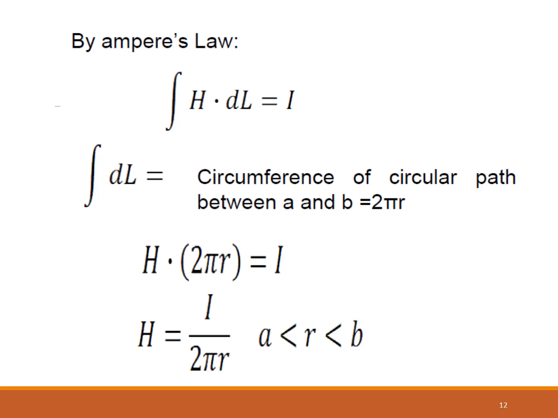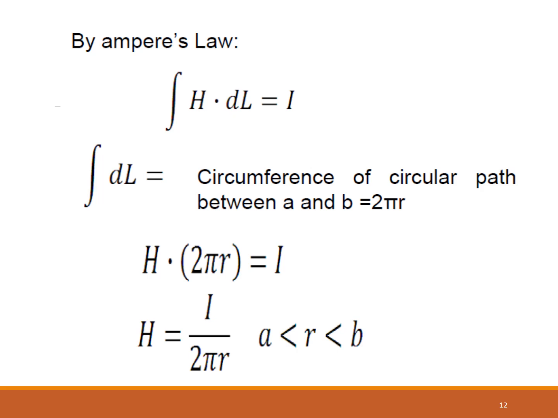Now we need to find out the power flow in the coaxial cable using the equation P is E cross H, and then we'll be integrating that Poynting vector to find the total power. That means we need to find an expression for E and an expression for H. To find the expression for H, we are going to use Ampere's law. The line integral of H dot dl is equal to the current enclosed.